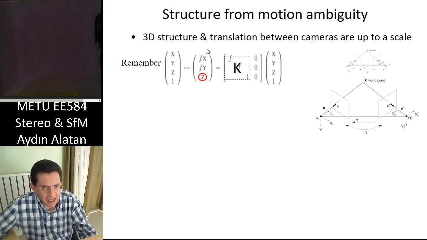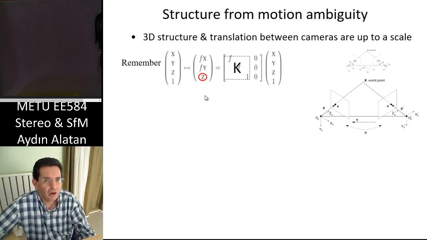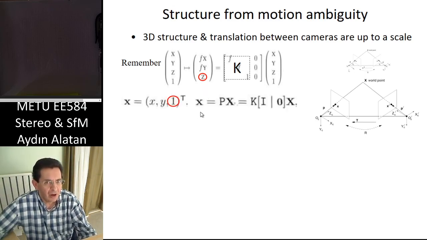Therefore, if somebody gives me a vector A, B, and 2, for example, I realize that if you don't observe 1 in the last element, whatever I observe is due to the Z. The last element is your Z, the distance from the origin of your camera coordinate system.